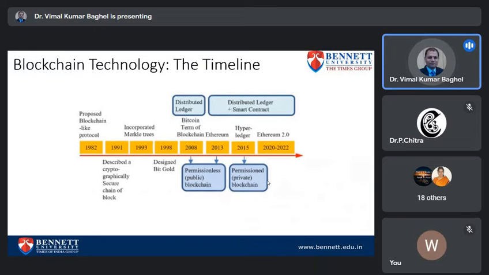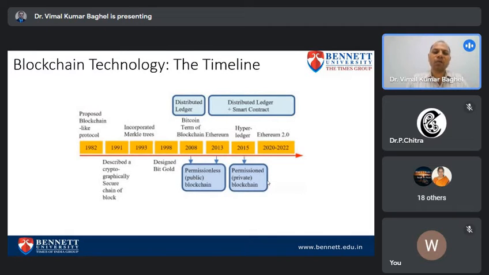Before discussing blockchain technology in detail, let us understand its historical development, which started way back in 1982. At that time nobody knew that this kind of protocol would be known as blockchain in the future.